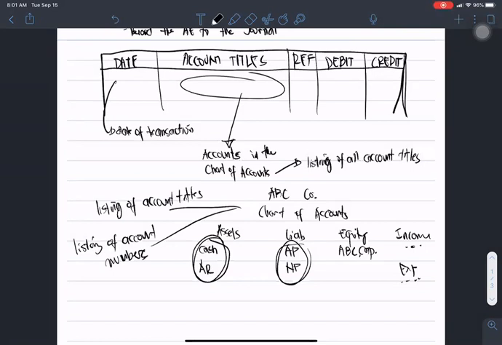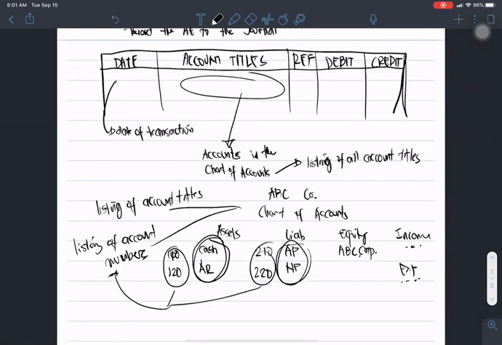So for example, 101, 110, 120. Let's say this is 210, 220. Okay, so those numbers, these are called account numbers.